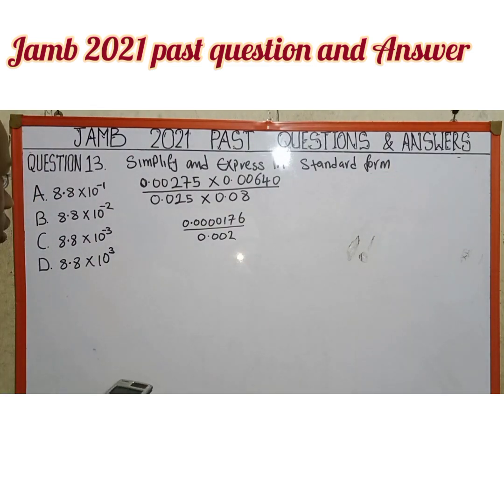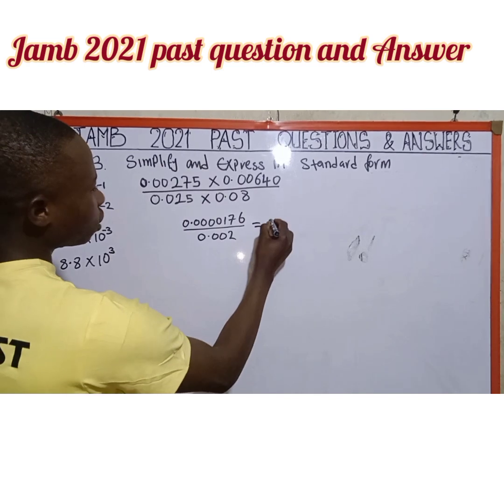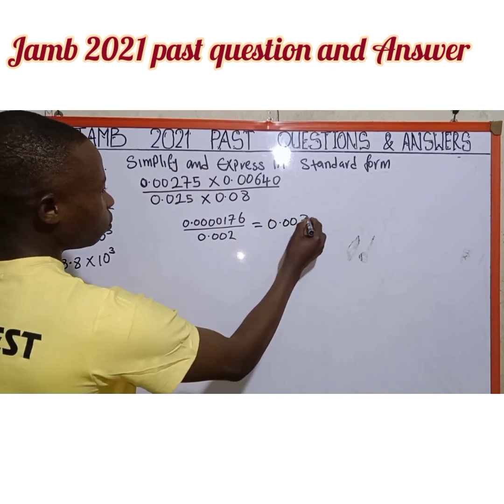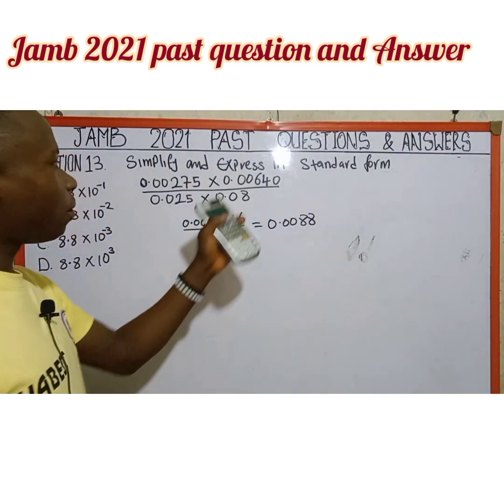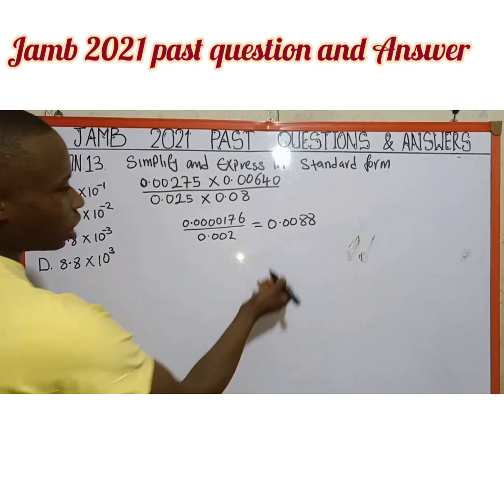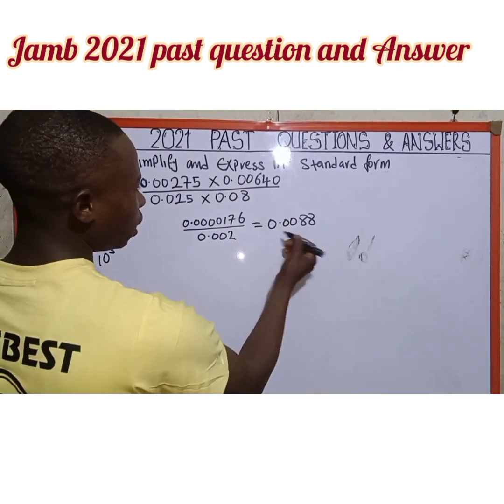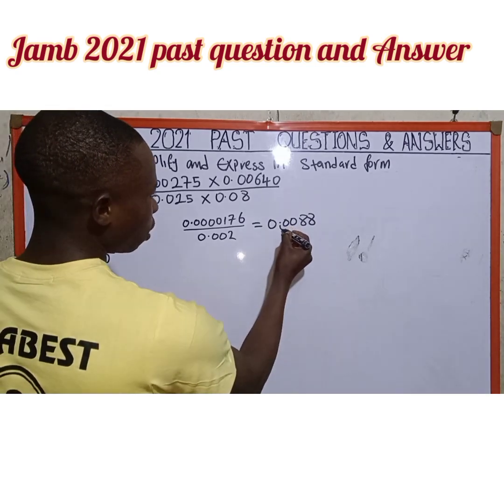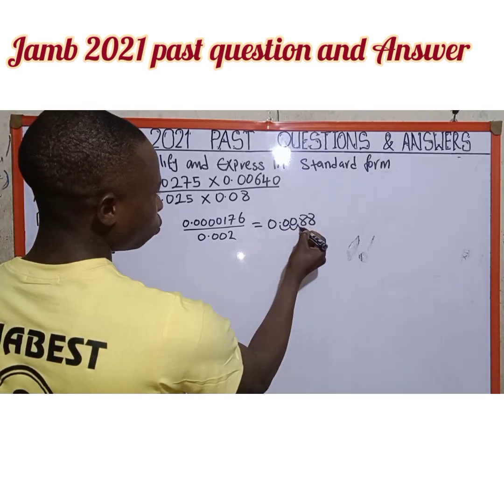So we are having 0.000176 divided by 0.002. So we are going to have 0.088. And remember, we are asked to express this in standard form. So in standard form, we are going to move this point to the large number. So we are going to have 1, 2, 3.